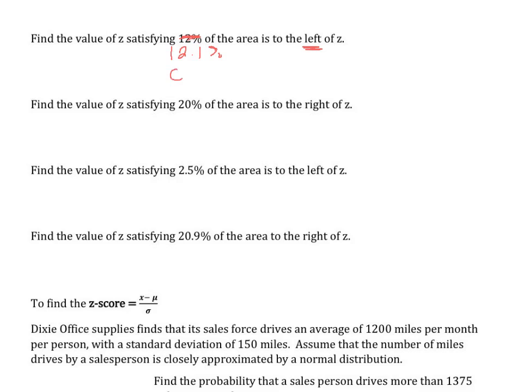So this time I want you to look in our table, look in the body of the table, and find as close as you can to 0.121. You'll see that 0.121 is matched with negative 1.1 on the left, and it's matched with 0.07 on the top. So therefore, when we put those together, its z-score is negative 1.17.